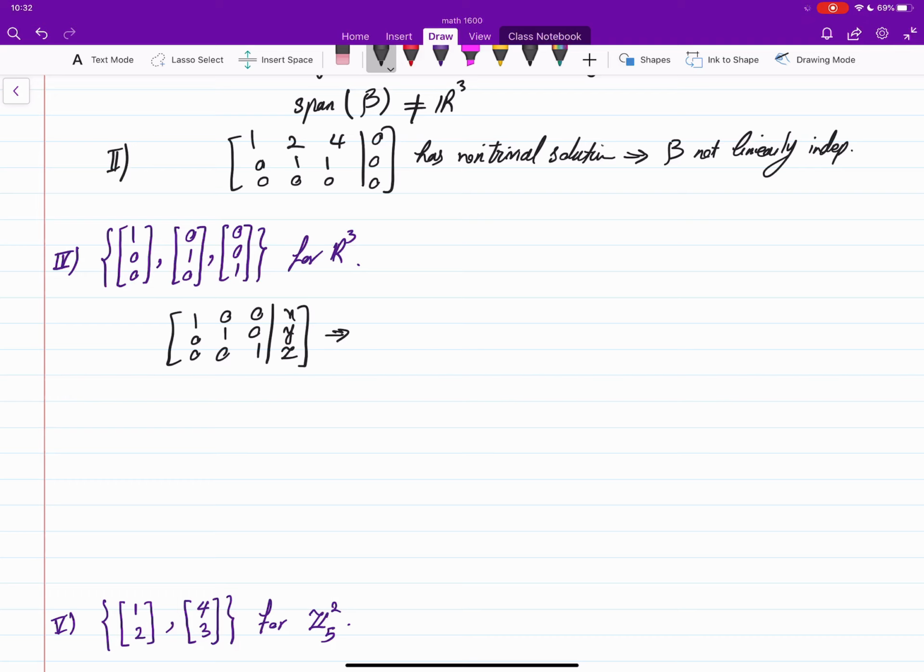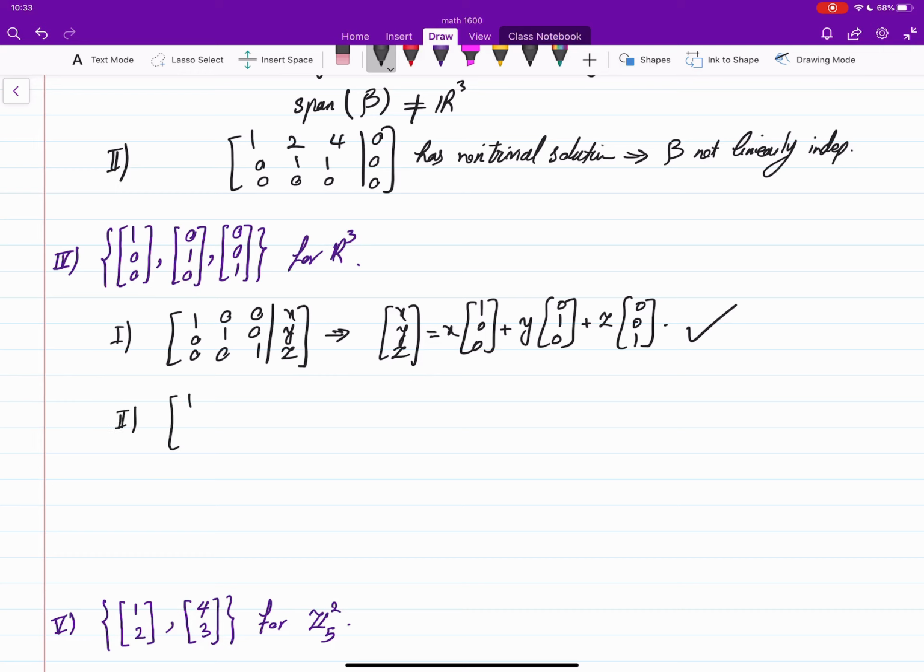Actually, what we know is that every vector x, y, z is equal to x times 1, 0, 0, and y times 0, 1, 0, and z times 0, 0, 1. How about independence? Well, this is the first thing, yes. Then the second thing, linear independence.